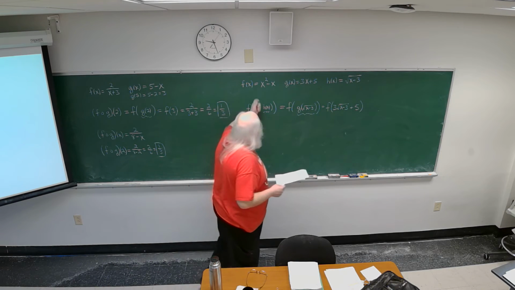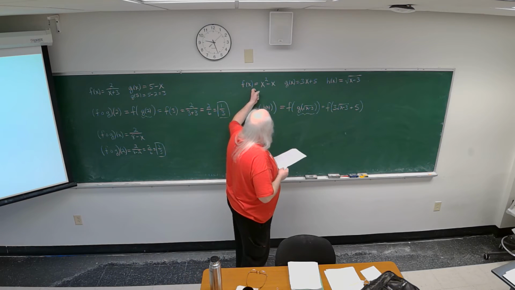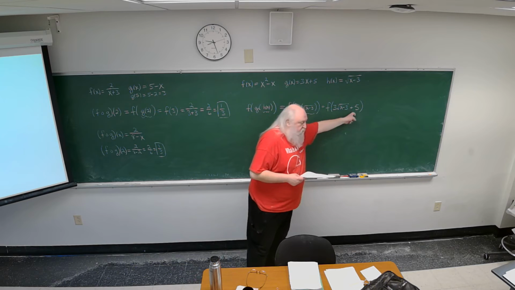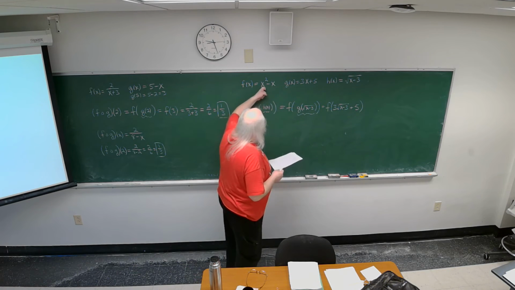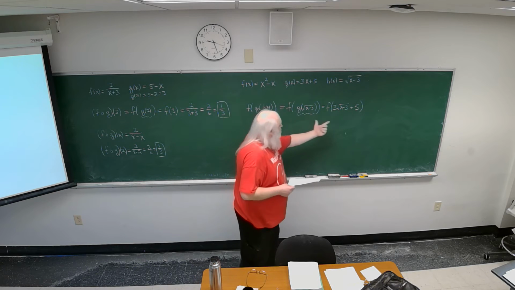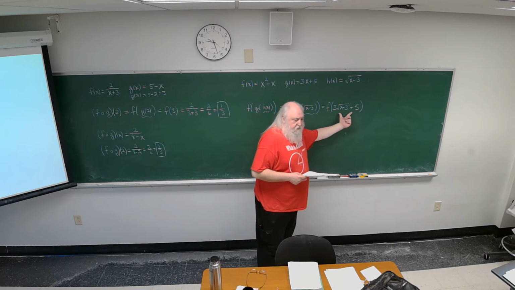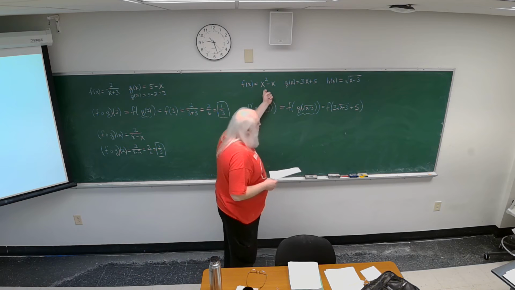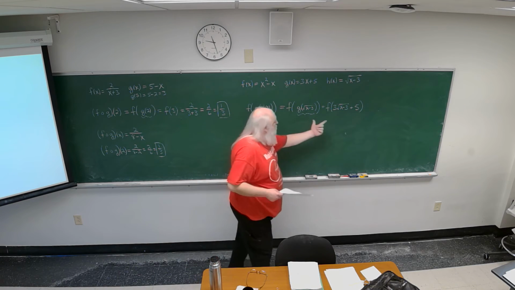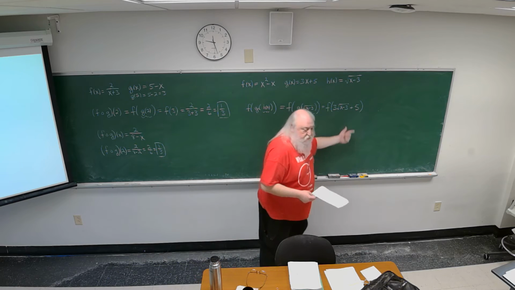Now we've got to evaluate f at 3 times the square root of x minus 3 plus 5. So on the right hand side of f, wherever you see an x, you've got to put this inside what's in parentheses here in place of the x. Okay? So instead of x squared, we have this in parentheses squared.